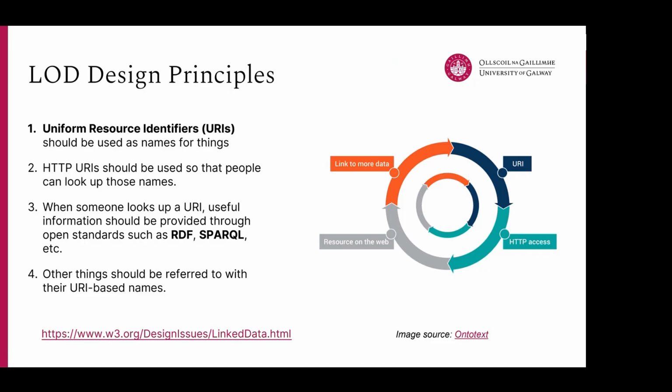So the third principle is about standardization, right? And the fourth principle is that other things that are connected to an entity should also be referred with their URI-based names. So the idea is, given everything in your model of the information, a unique address, a unique identifier, to avoid any ambiguities and to ensure discoverability.